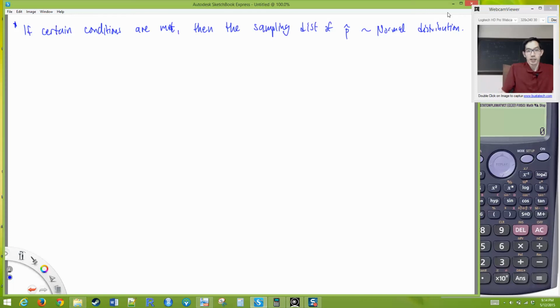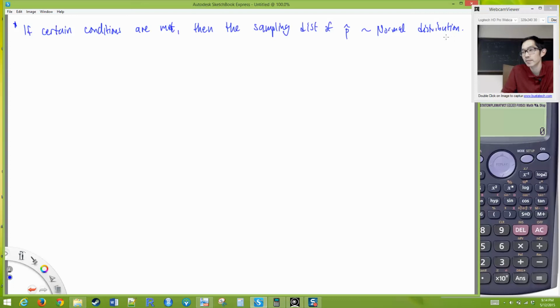Okay, I will read this: if certain conditions are met, then the sampling distribution of p hat comes from the normal distribution. That's what it says in my chicken scratch. So, if certain conditions are met.